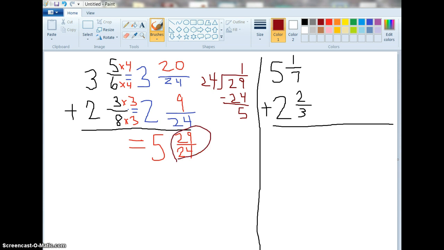So this part can be rewritten as 1 and 5 over 24. And you just add the 5 and the 1. So our final simplified answer would be 6 and 5 over 24.